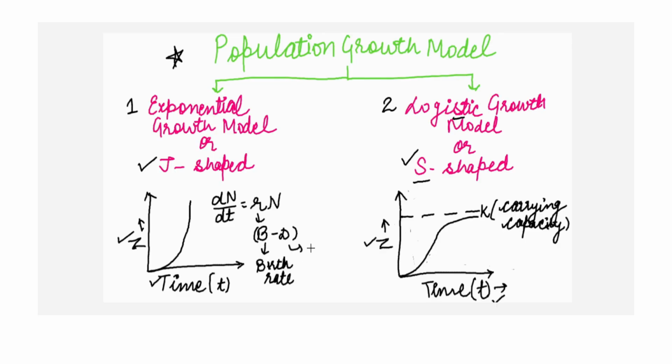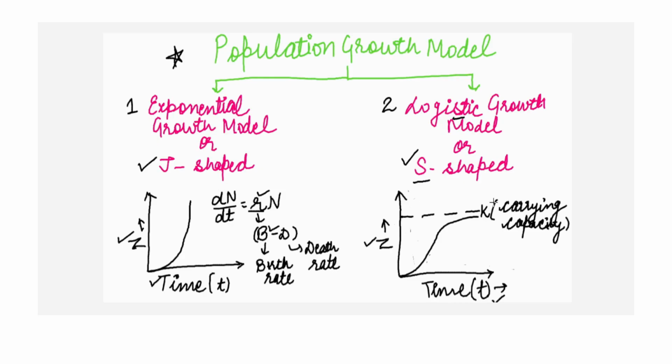So we count the exponential growth model on the basis of birth rate and death rate as well. A direct question can be asked where you will be given the r value or the b value, then you will have to find the d value, or the b value will be given, the d value will be given, and then you will have to find r, and then you can find the value of exponential growth.